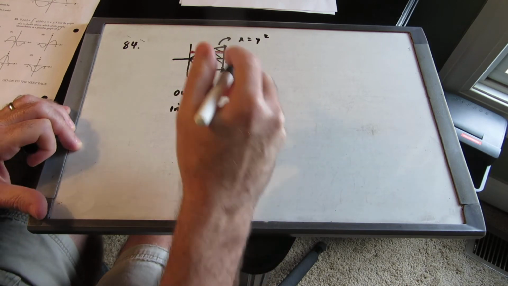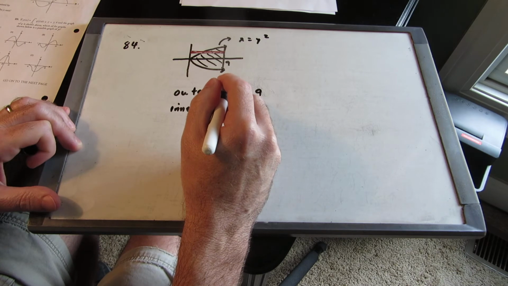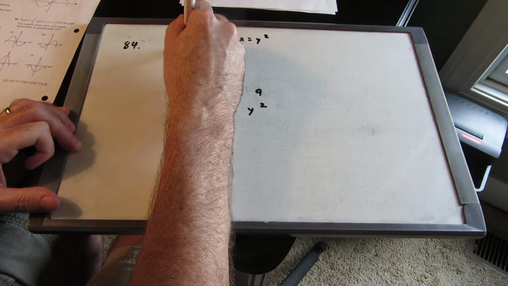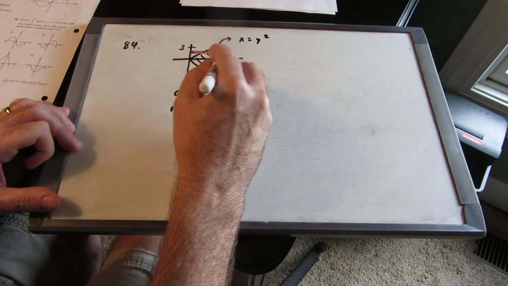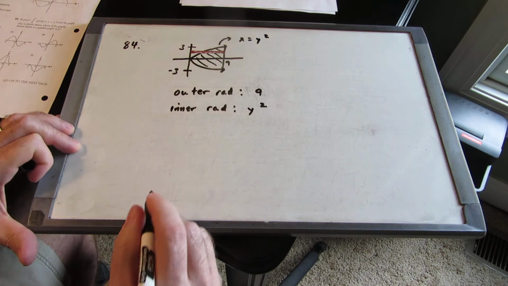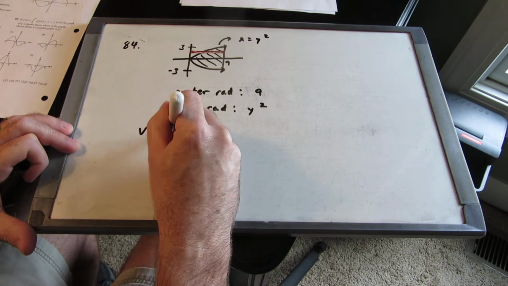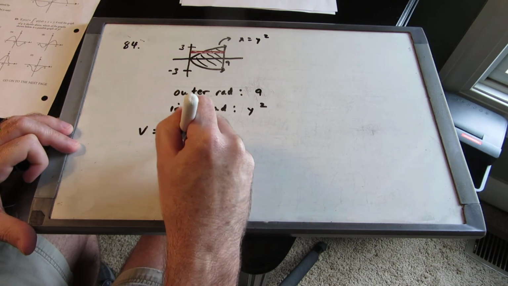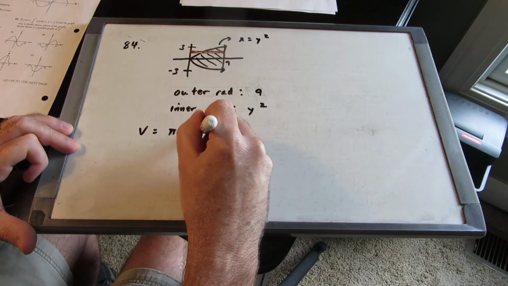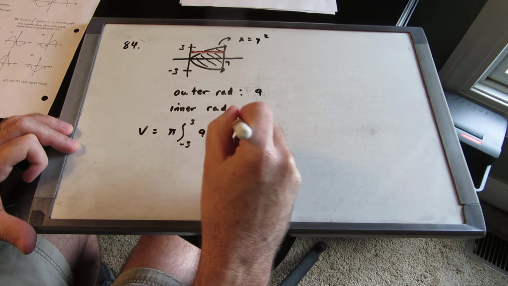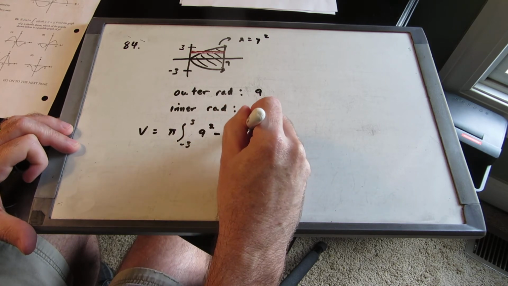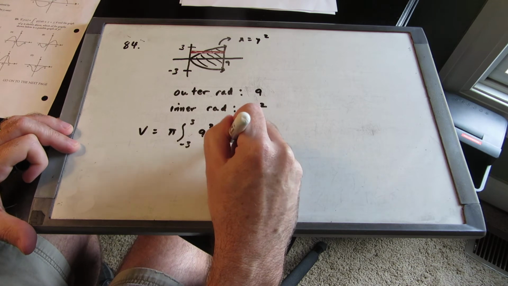Now we need to know what we're integrating from and to. When x is 9, we know that y is going to be 3 and negative 3 down here. So our volume will be pi times the integral from negative 3 to 3 of the outer radius squared, 9 squared, minus the inner radius squared, y squared squared.